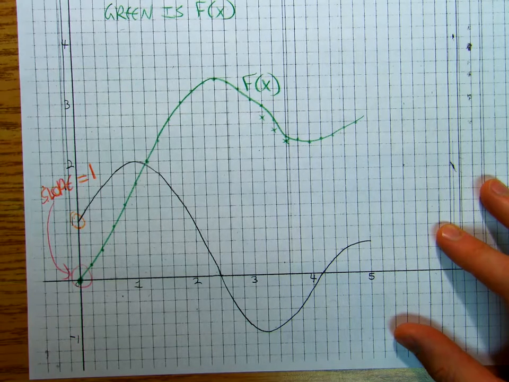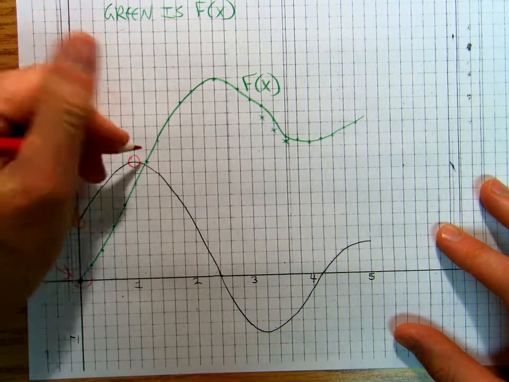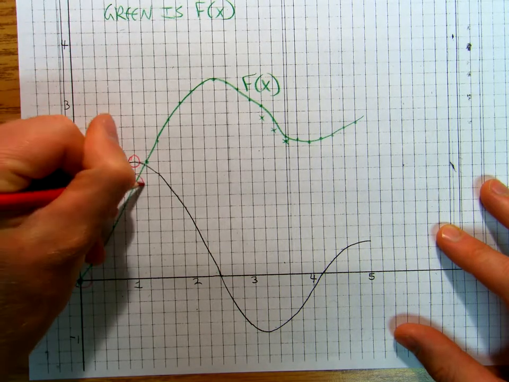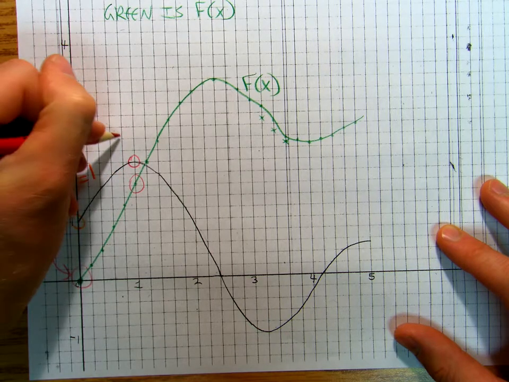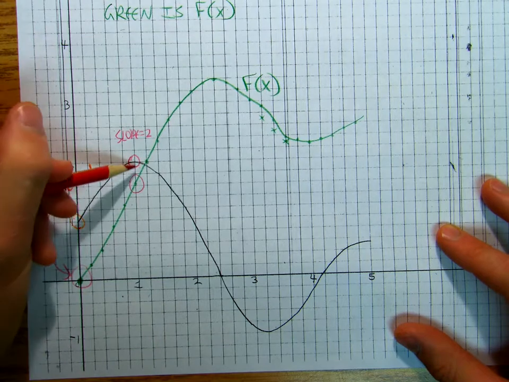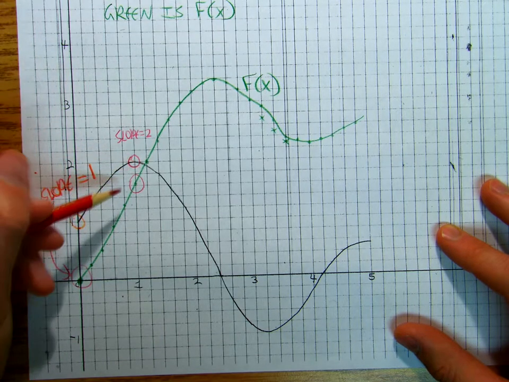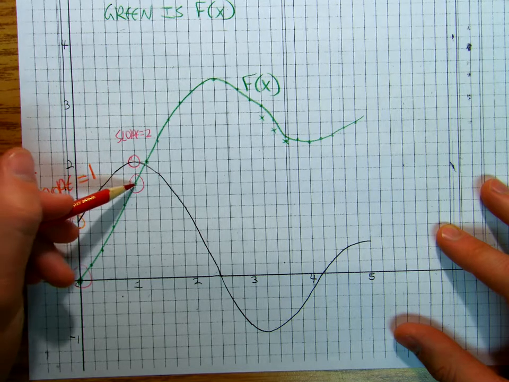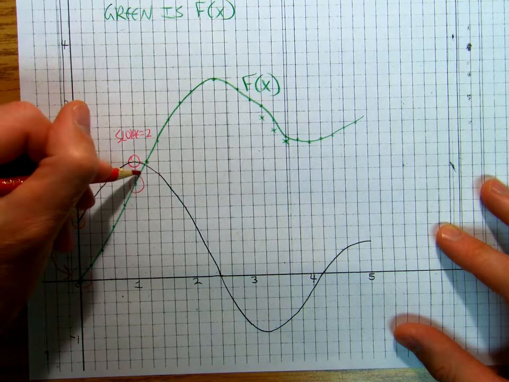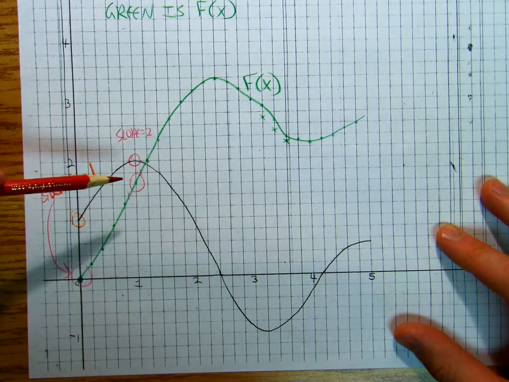Right there, my f of x says that the slope of my line at this point should be about 2.